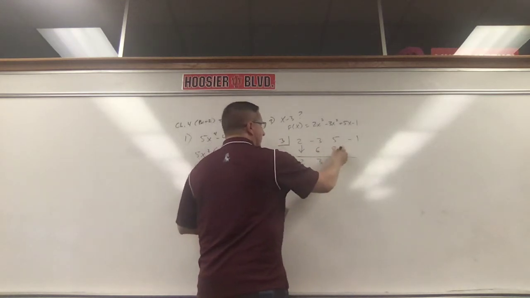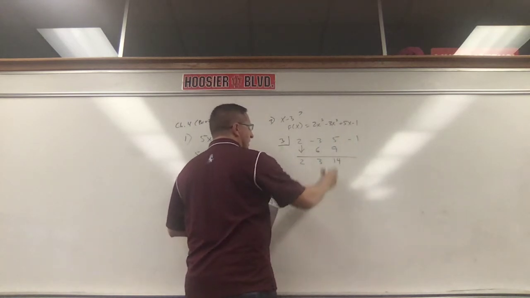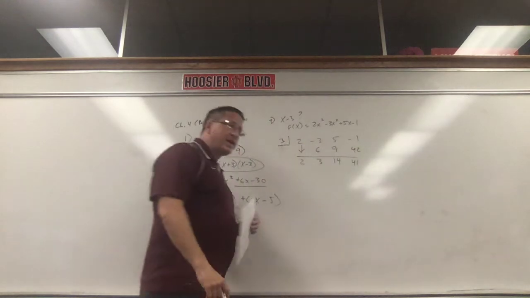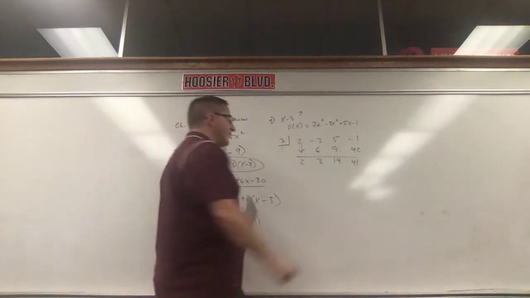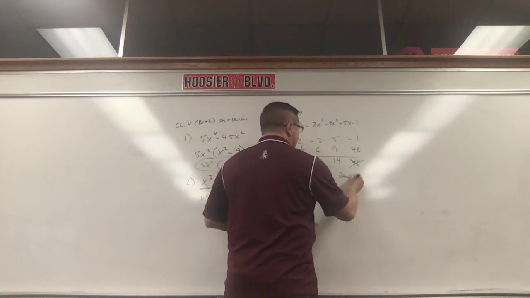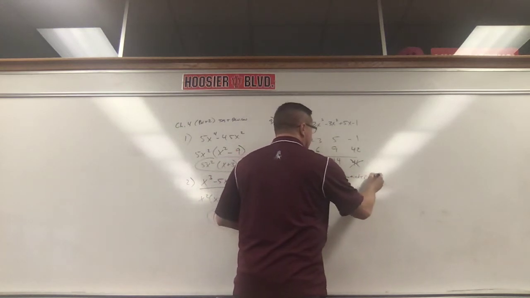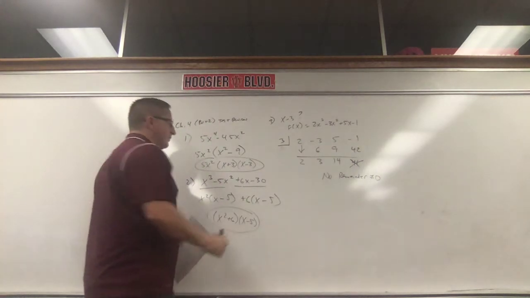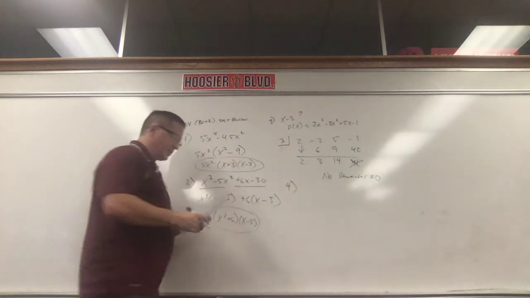Times 3 is 9, add to get 14. Times 3 and 14, you get 42. Add these up, you get 41. Is it a factor? The answer is no. The remainder is 41, and the remainder is not 0. In order to be a factor, it needs to divide out and have a remainder of 0. If the remainder is not 0, it's not a factor.